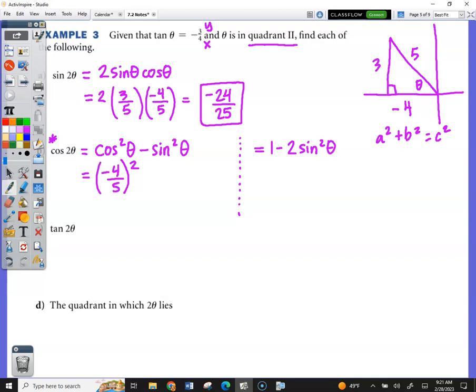What's sine? This, and it's squared. I'm going to go ahead and come over here, and I'm doing the alternative one, just to show it doesn't matter. You don't have to put 2 on your paper, I'm just showing you.